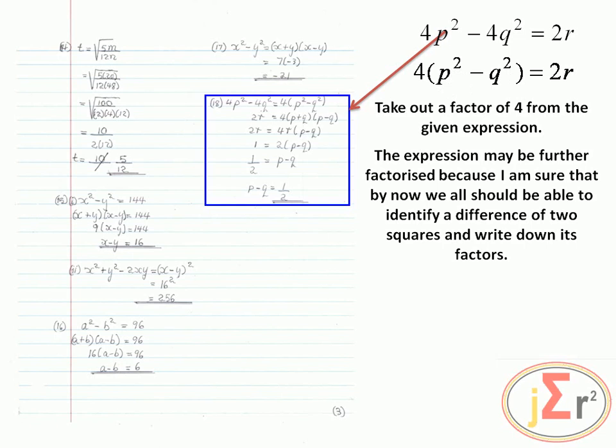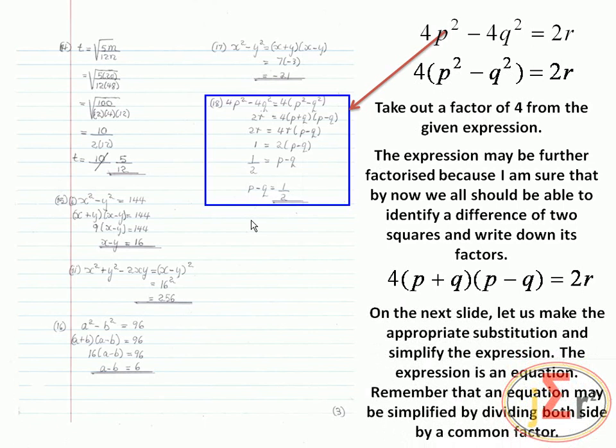We can identify that as a difference of 2 squares and we can write its factors down. So that will be (p + q)(p - q). Those are the factors of p² - q². Do not forget that we are maintaining the presence of the 4 that we took as a common factor in our first step.